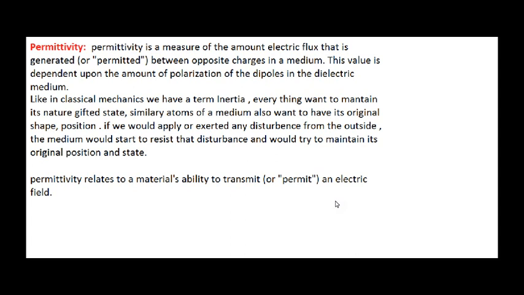We already know the configuration of electrons in an atom, and where the proton and neutron are. An atom is naturally a neutral body, but if you apply any disturbance from outside, the medium would start to resist that disturbance and try to maintain its original position and state, because the atom wants to have the original state that nature gifted it.